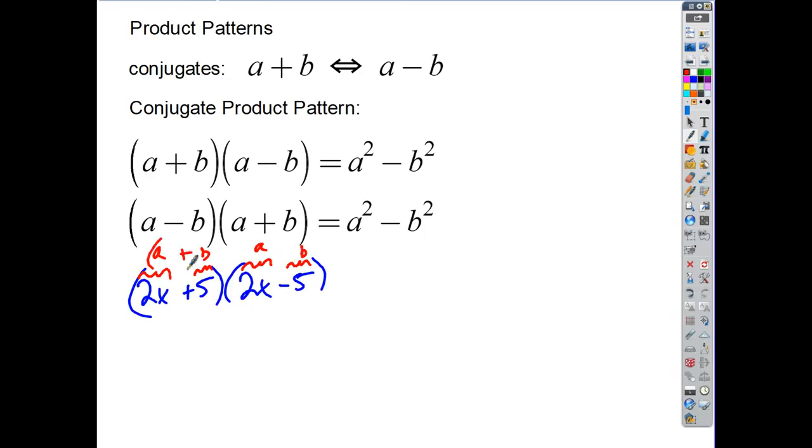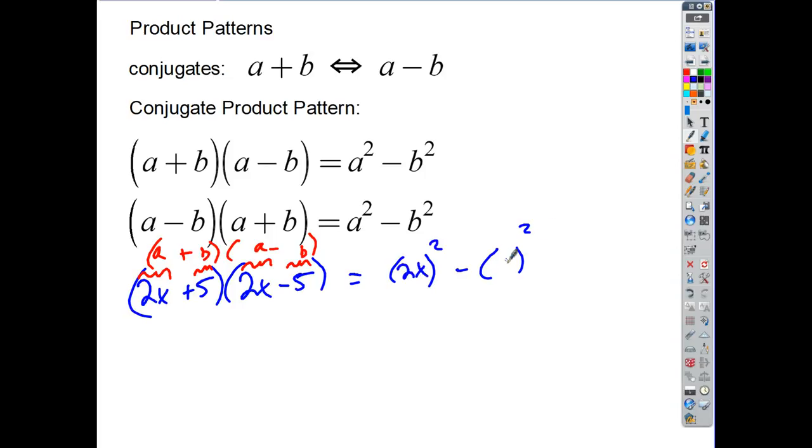So I end up with a plus b times a minus b, and we know that pattern, right? The outcome is just a squared minus b squared. What's my a again? 2x.